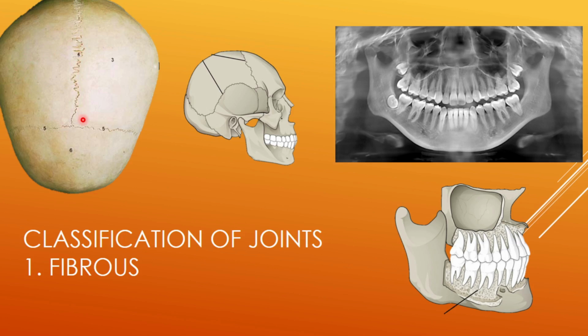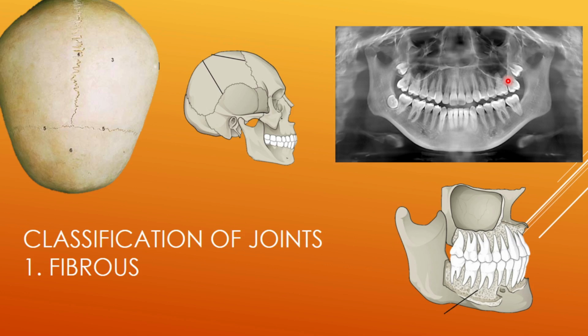We also see them fixing teeth into the jaw bones, so whether it be the mandible here or the maxilla above, and we call these gomphoses. Again, they don't allow much, if any, movement. We definitely don't want a lot of movement of our teeth. I think you would agree.